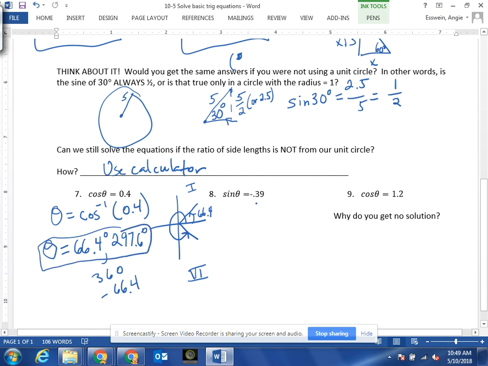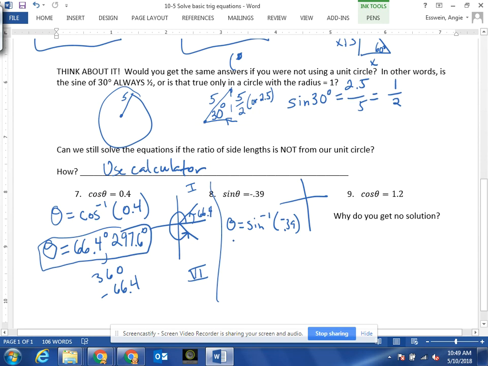Okay, so let's try another one. Let's do inverse sine of negative 0.39. So theta equals inverse sine of negative 0.39. And what do you get?